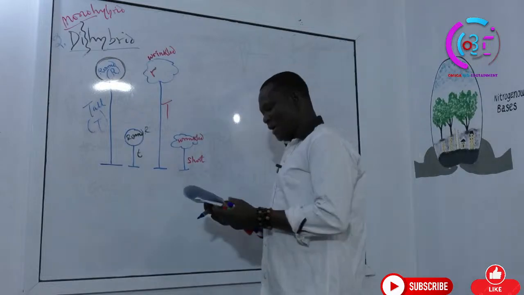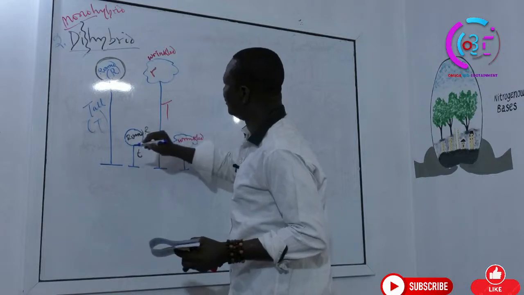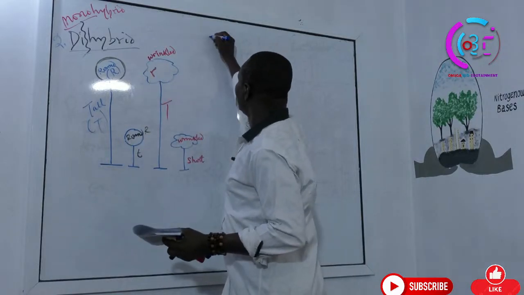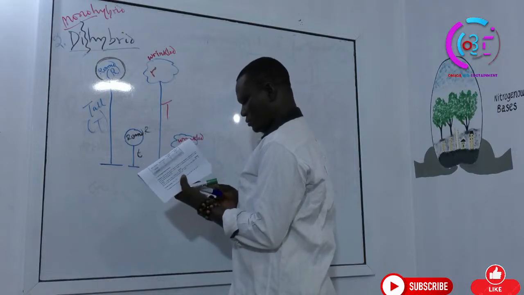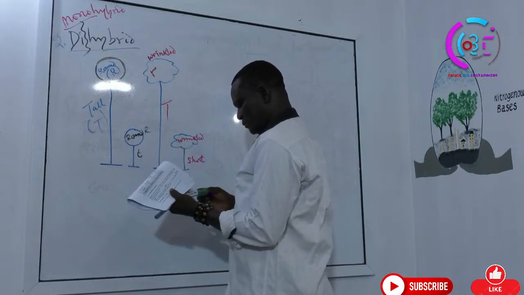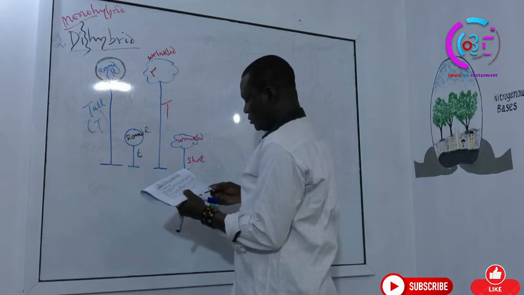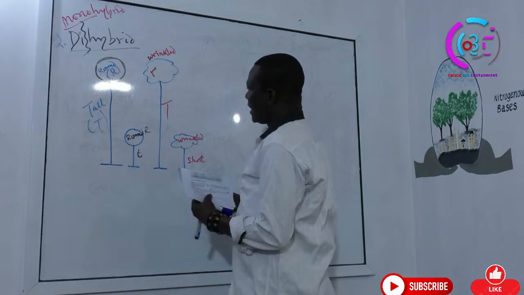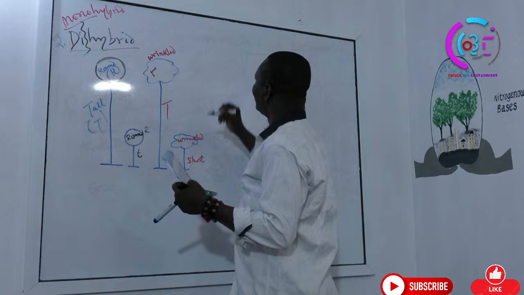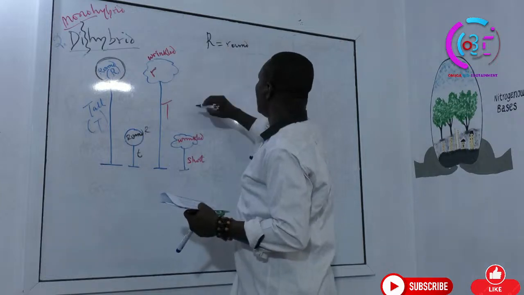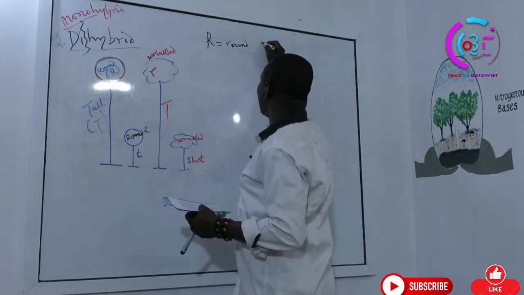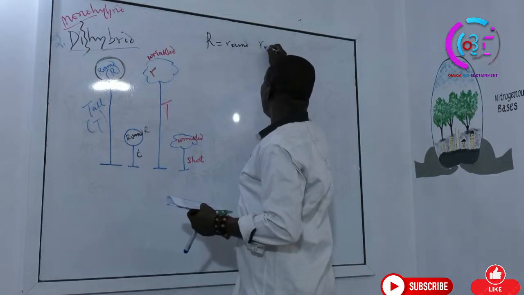So for example, let's assume that R represents roundedness. And small letter r represents what?